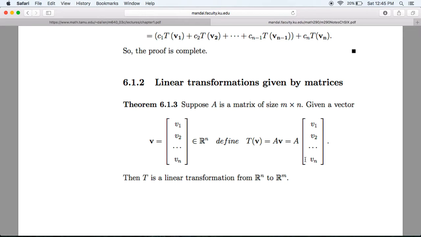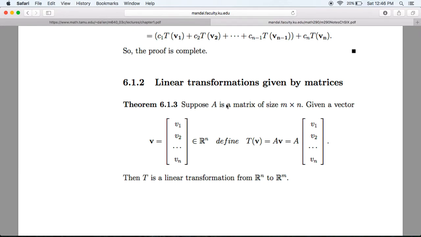So left multiplication by a matrix is a linear transformation. Moreover, we will also see that every linear transformation between finite dimensional vector spaces is achieved by some matrix operation.